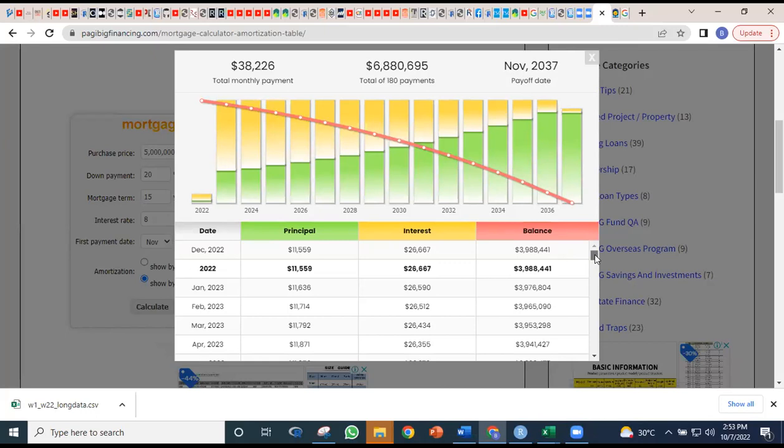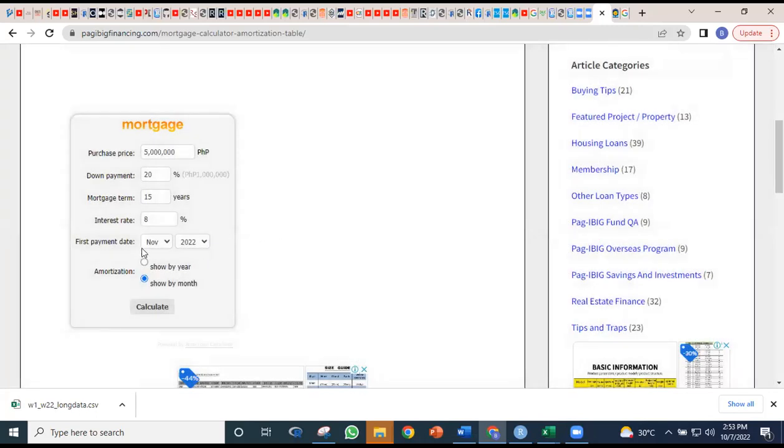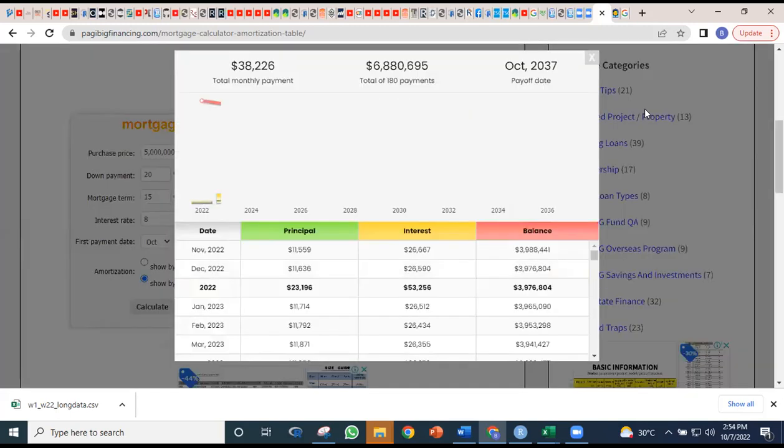Now, if you take a look at this table, why did it start in December? The first payment date should be November. This means we loaned in November. So let's change how we use this. Let's make this October so that the first payment will be in November. Let's calculate again.